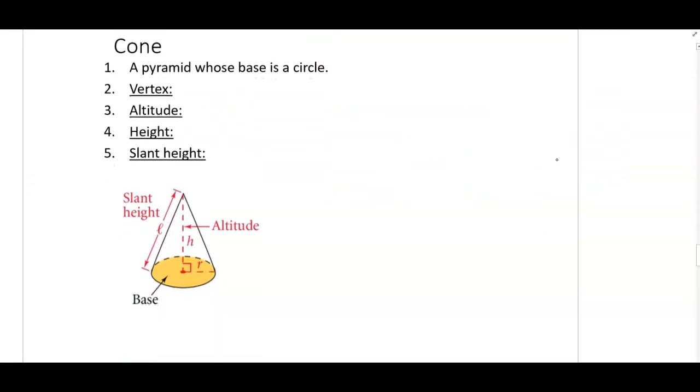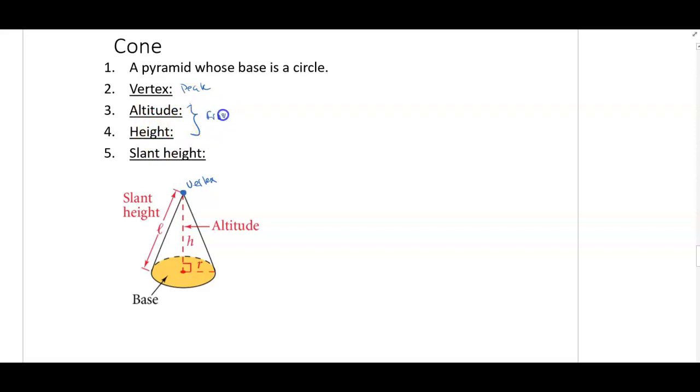Now a cone, very similar to a pyramid, but the only thing is you have to understand that a cone's base is a circle instead of a polygon. Very, very similar though. The vertex is basically the peak. So here would be your vertex. It also has an altitude, which is basically the altitude and height are the same thing.